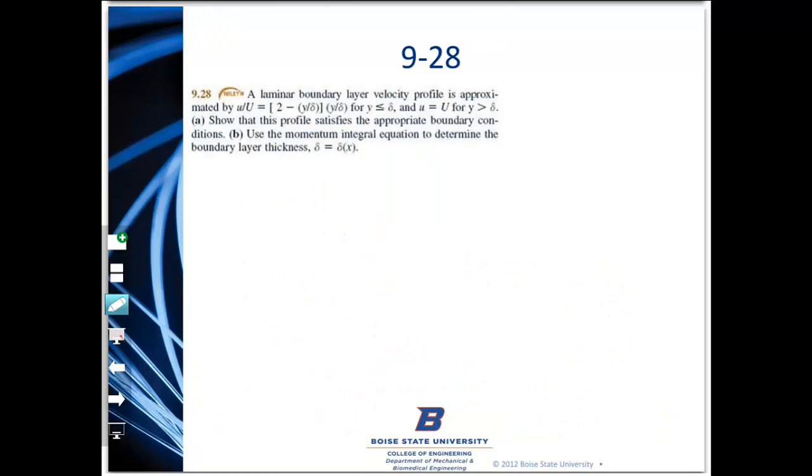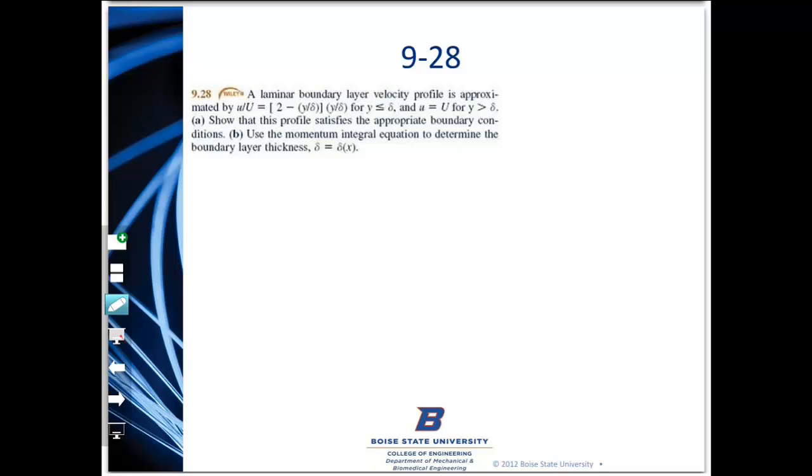You're given a laminar boundary layer velocity profile approximated by the velocity as you have shown, and you're asked to show that this profile satisfies the appropriate boundary conditions and also use the momentum integral equation to determine the boundary layer thickness. Like in the previous problem, since it was a laminar flow, we could use that approximation.